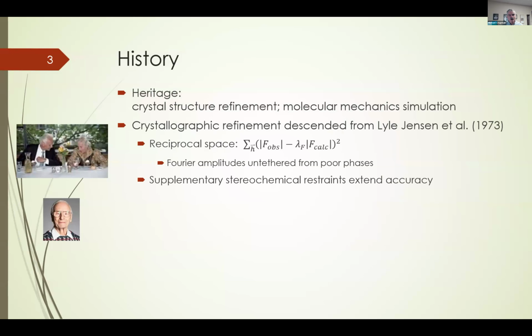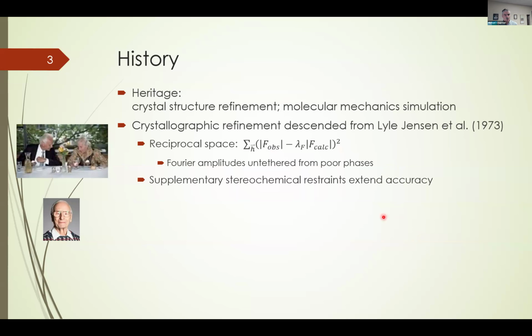Crystallographic refinement of proteins really descends from the work of Lyle Jensen and colleagues, who were the first to demonstrate reciprocal space refinement of proteins, where you're optimizing the agreement between observed and calculated structure amplitudes, where what we note here and what they noted is that the Fourier amplitudes here are untethered from poor experimental phases.